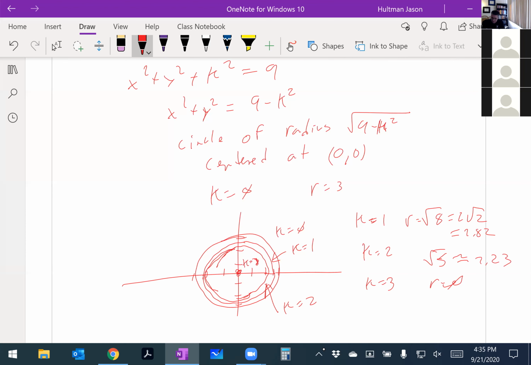What does this tell me? It tells me that the rate of change is pretty fast until we get to the top, when the rate of change slows down. The rate of change is pretty fast from 0 to 1, and then from 1 to 2, and then from 2 to 3, the rate of change slows down as we get more of that dome shape.